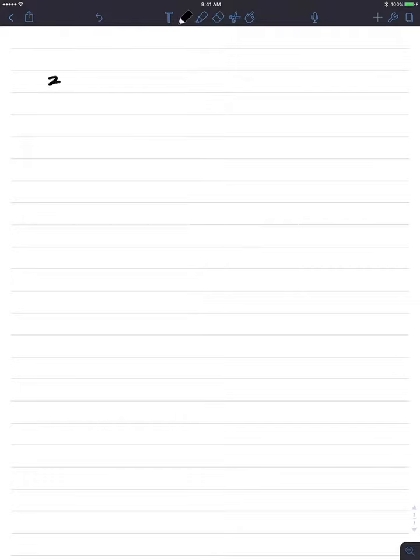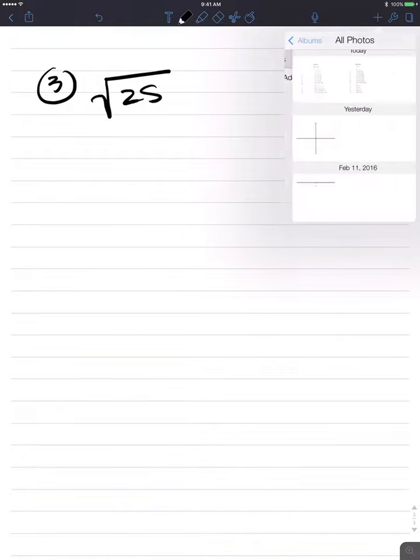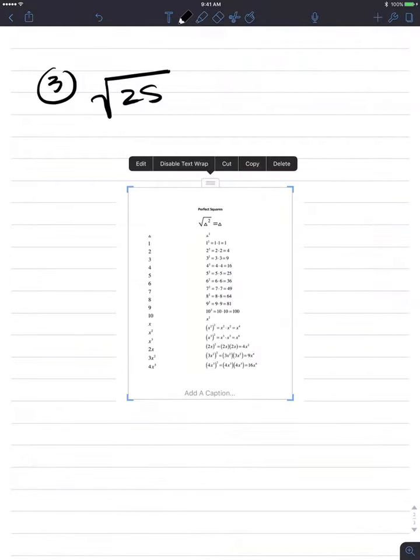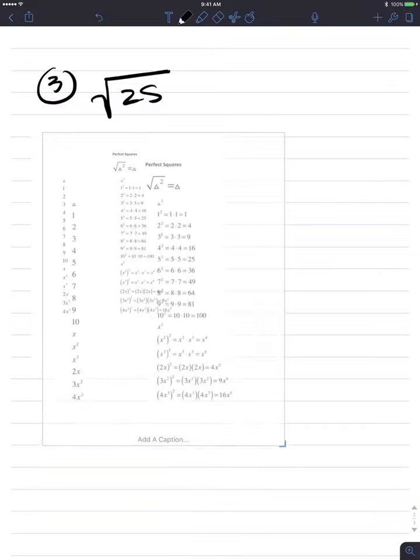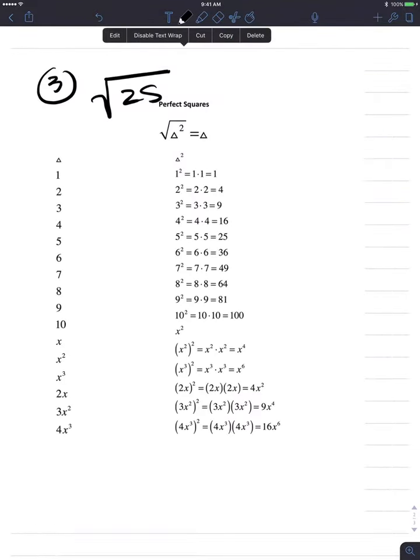Number 3. We have the square root of 25. Now, if I go back and look at my table, and maybe it's a good idea to get a fresh table. If we notice, 25 again here is a perfect square.